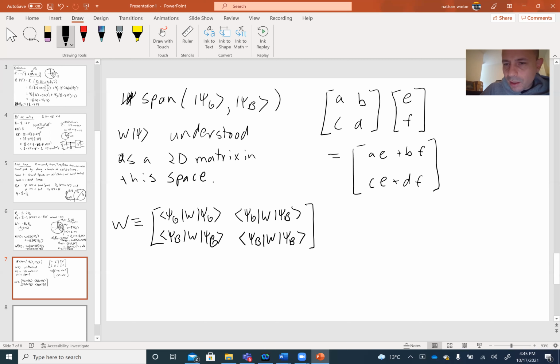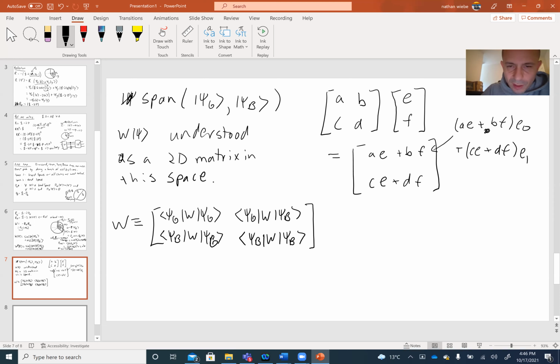Now if I break this up, I can write this in terms of the fundamental unit vectors as AE plus BF times E0, plus CE plus DF times E1.